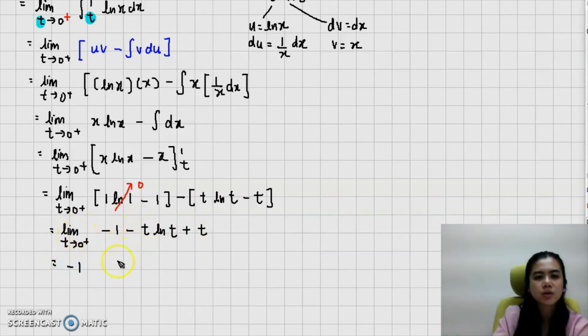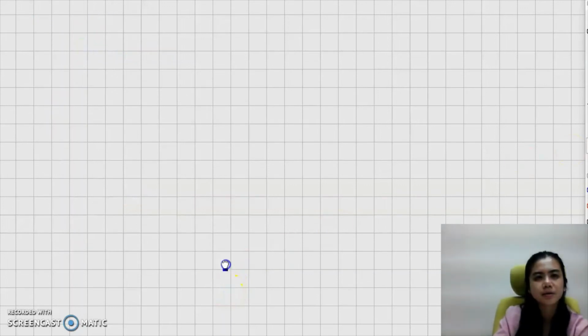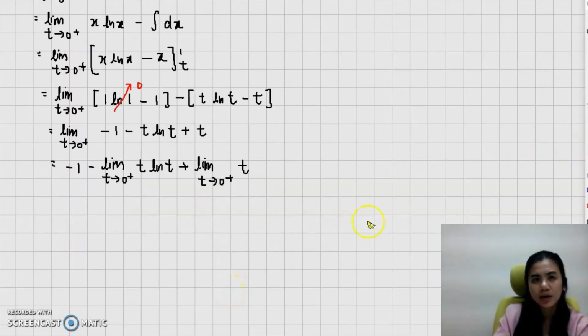So I give this limit to this: I have the limit as t approaches from the right of t ln t. Again, give it to here, so we have plus the limit as t approaches from the right of t. Give this limit to here.